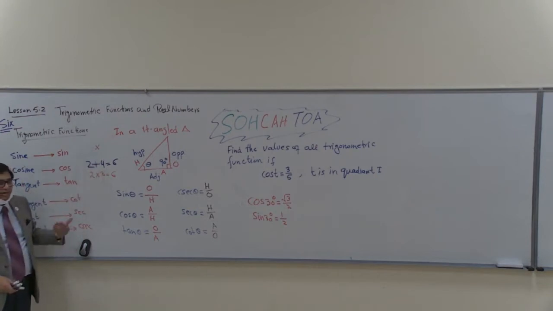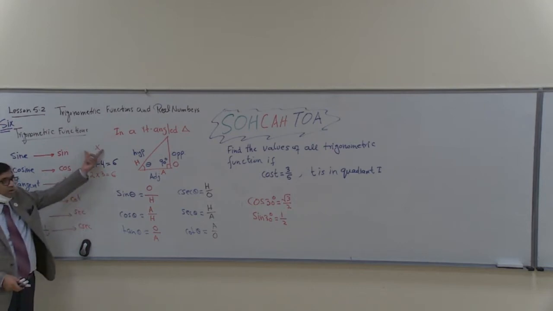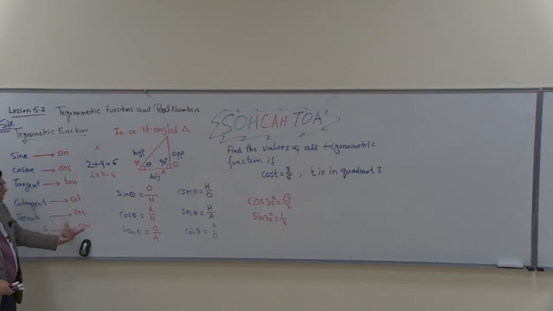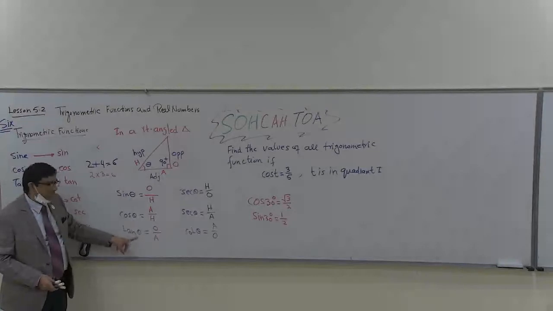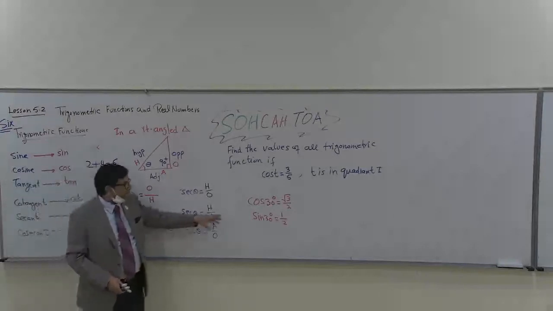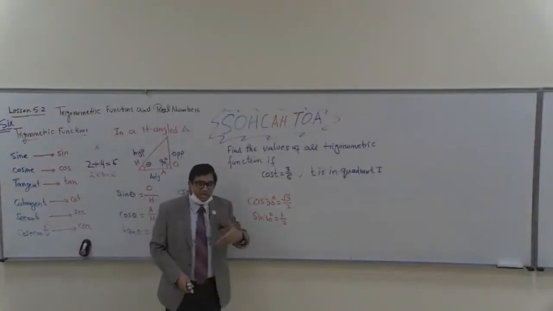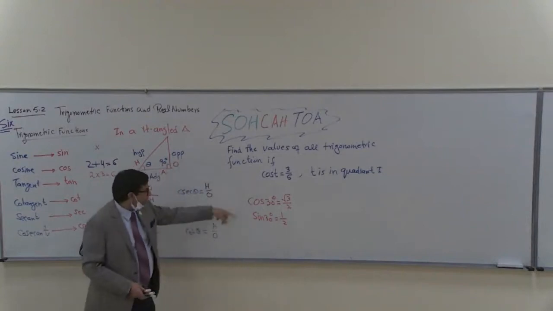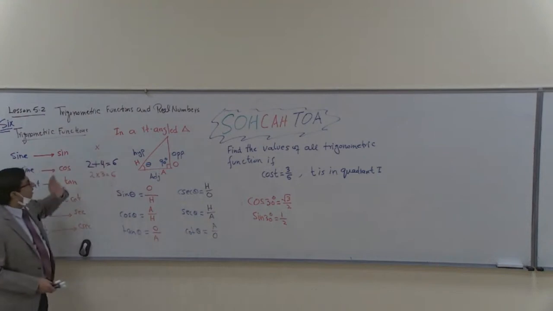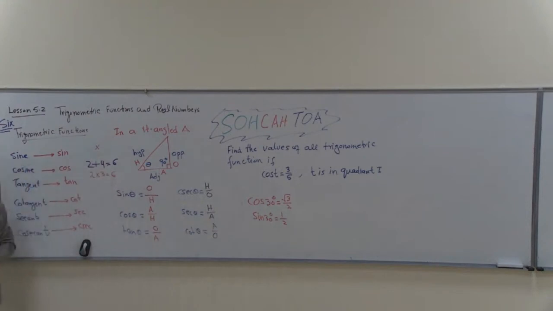Just like plus, minus, multiplication, they are meaningless alone until they have something written with them: theta, cosine theta, tangent theta, sine 30, cosine 30. Now they are meaningful and have some value. But without theta, they are just like plus, minus signs, which have no sense at all.